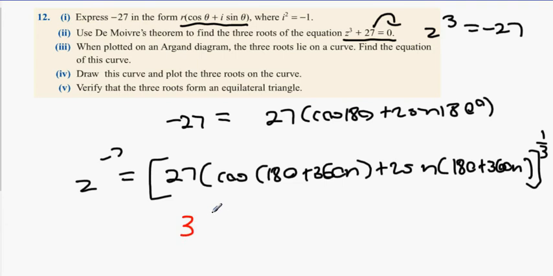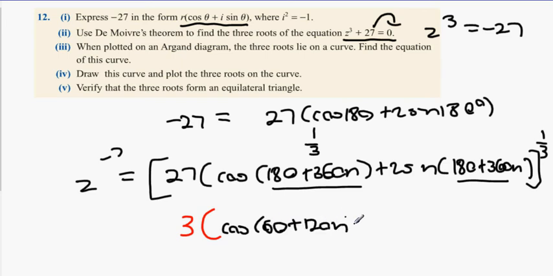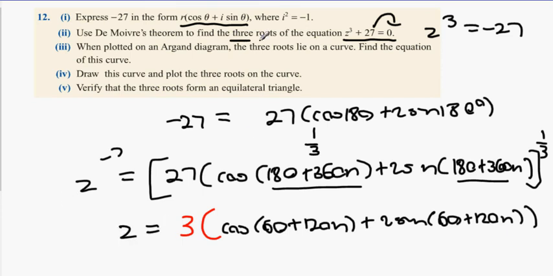Then we multiply each angle by a third. A third of 180 is 60, so it's going to be 3 cos of 60 plus 120n, plus i sin of 60 plus 120n.